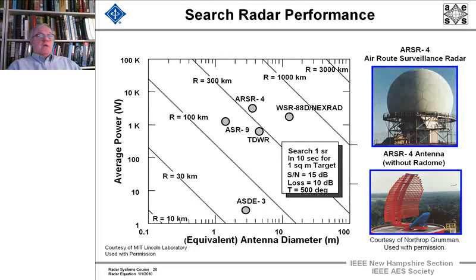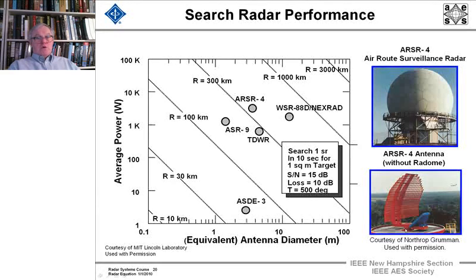And air route surveillance radars, in this case the ARSR-4, and here's a picture of it without its radome, has more power, a bigger antenna, and it can see out on the order of a couple of 100 miles.